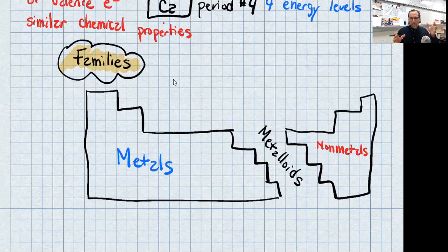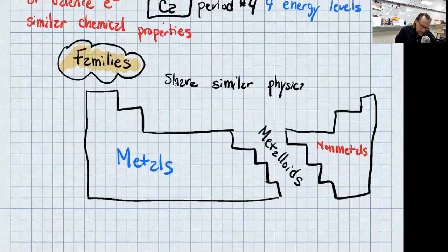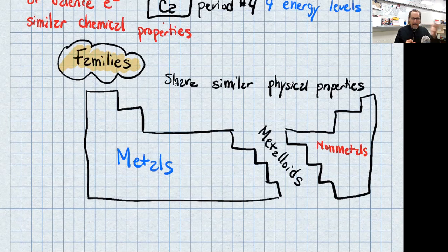And so it's important to know that these families basically share similar physical properties. And that would be things like their melting point, their boiling point, density, magnetism, are they good conductors or not good conductors, those types of things.